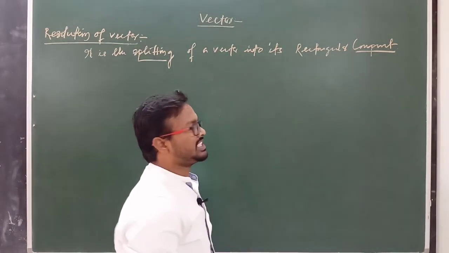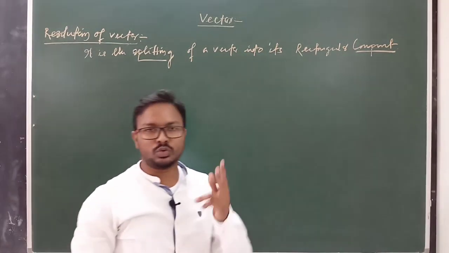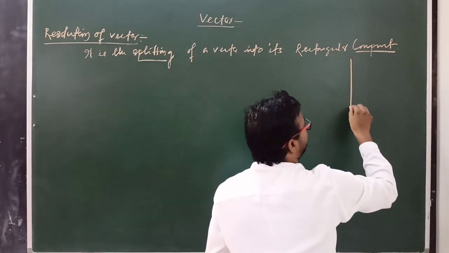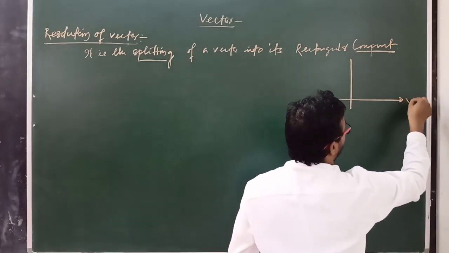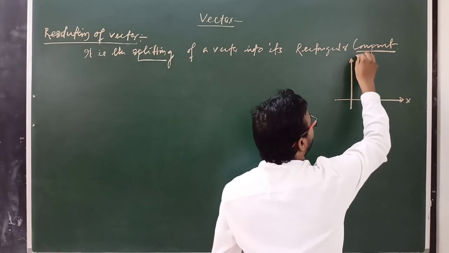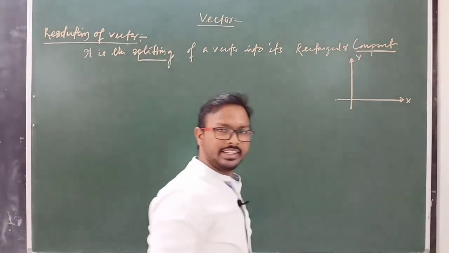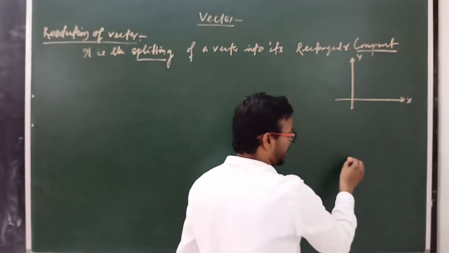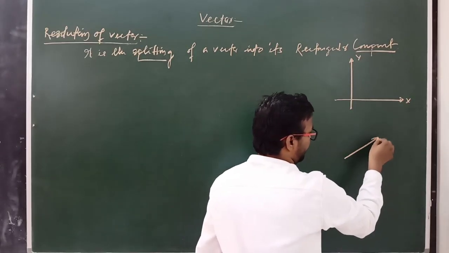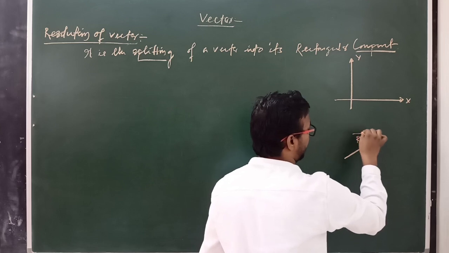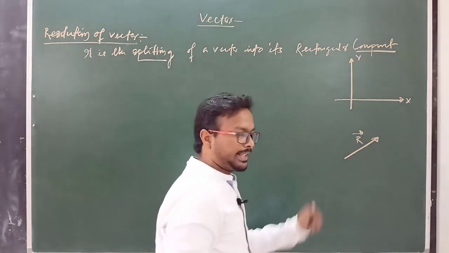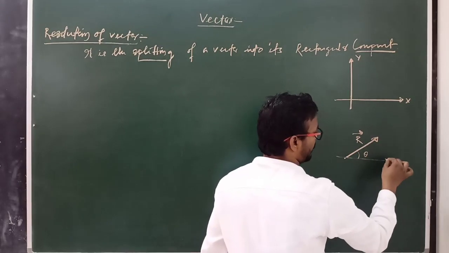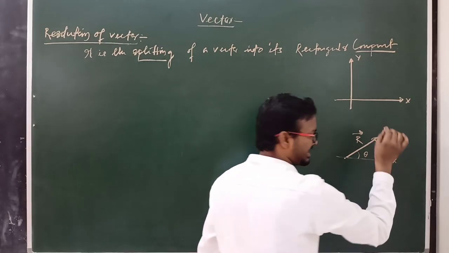2D and 3D, you already know. That means there is an x axis and a y axis. Suppose the x axis is here and the y axis here, and suppose I have a vector here, which represents the r vector. This r vector makes an angle theta with the x axis.